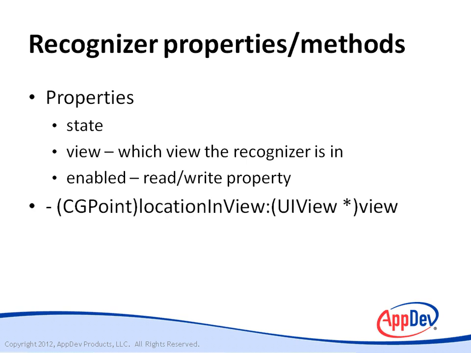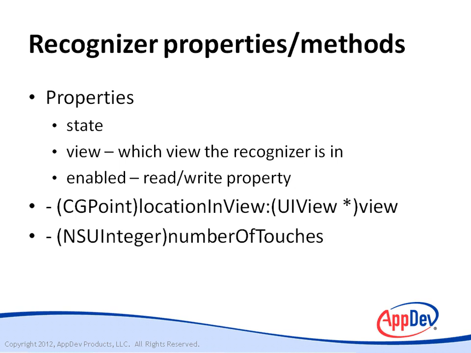And you can ask the recognizer information about where it is in a view. So you have a CG point, location, and view. This is similar to what we did with touches. And what this tells us, for example, in a tap, it tells us where the user tapped. In a rotate or a pinch, it tells us the centroid of where the user is rotating or pinching from, which is what you will normally want.